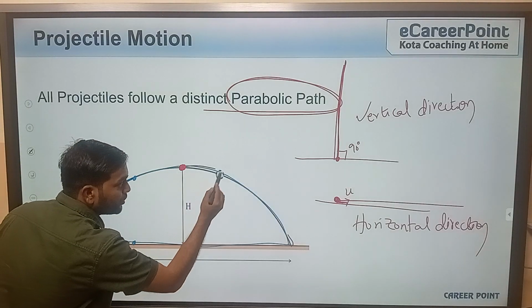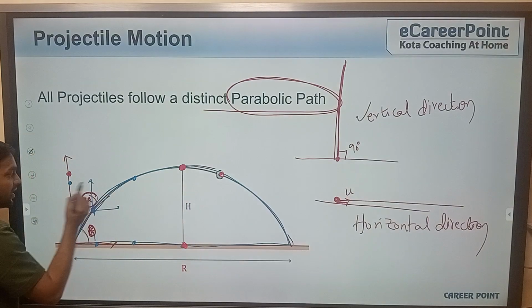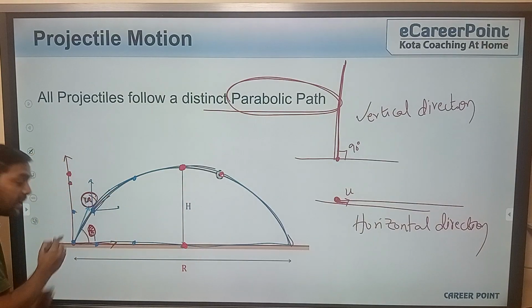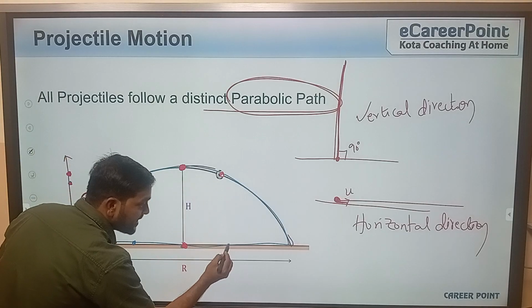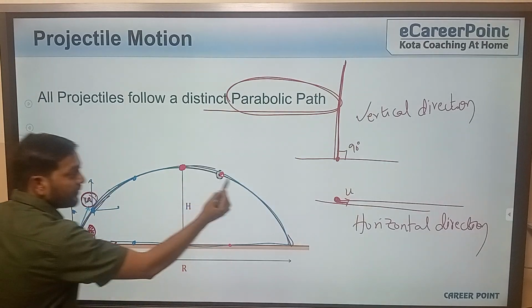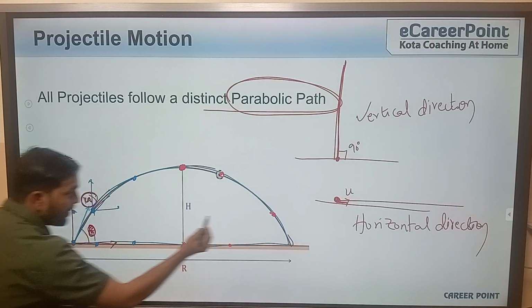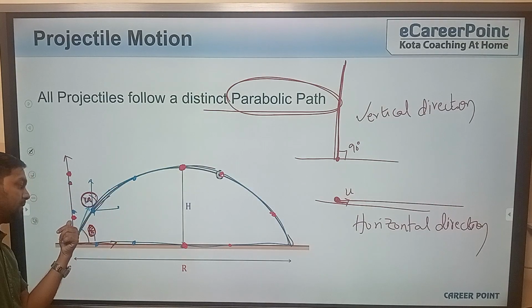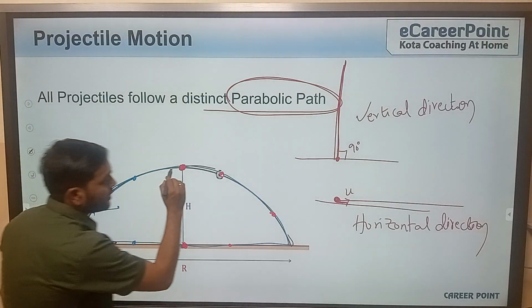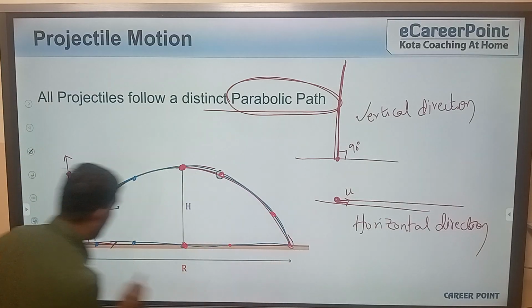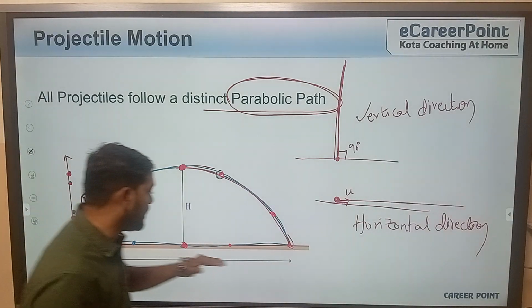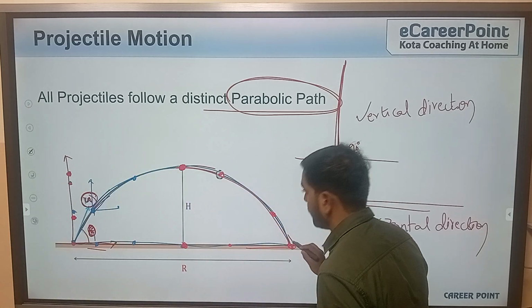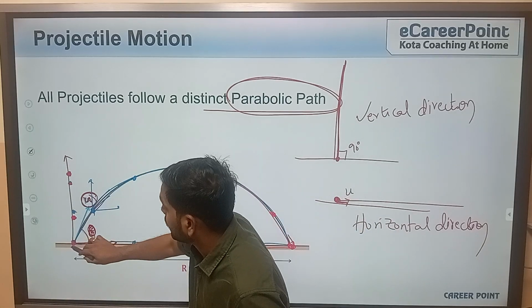If this object moves to here, then along the vertical and along the x-axis we observe it here. And if the object comes to here, then the object will be here.